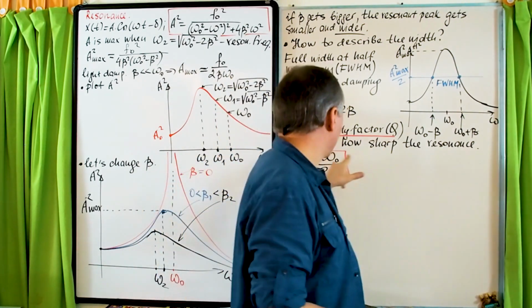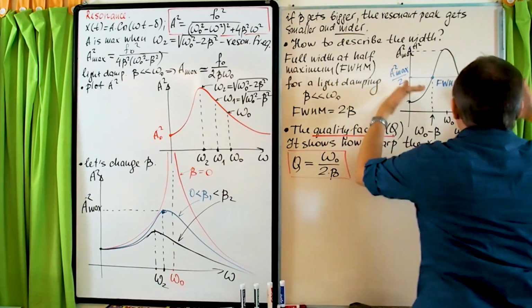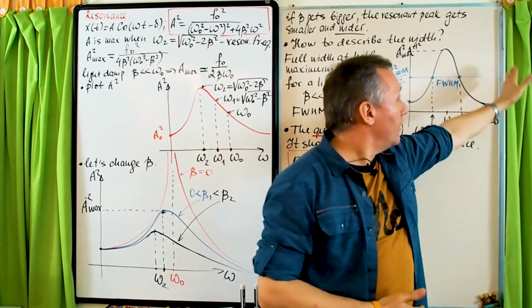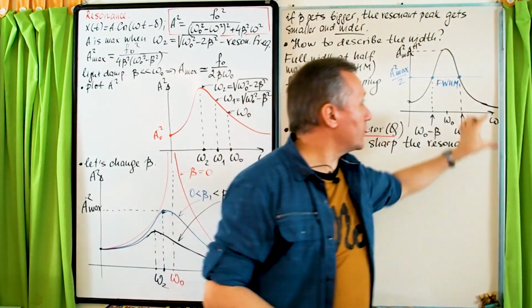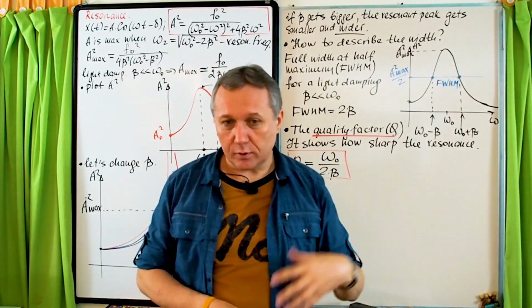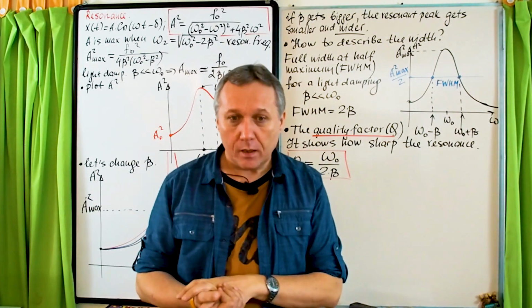But if your Q is small, then this curve is very wide, and that neighboring station will produce some reasonable amount of amplitude in the response of your system.